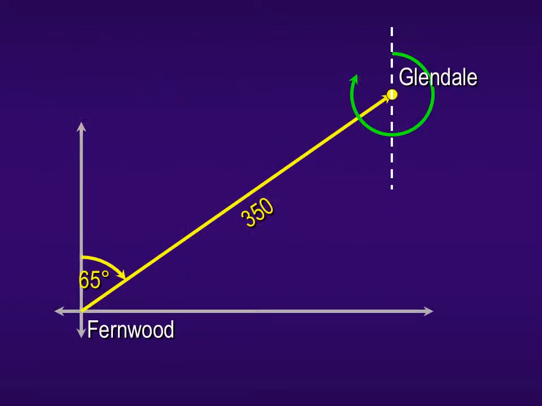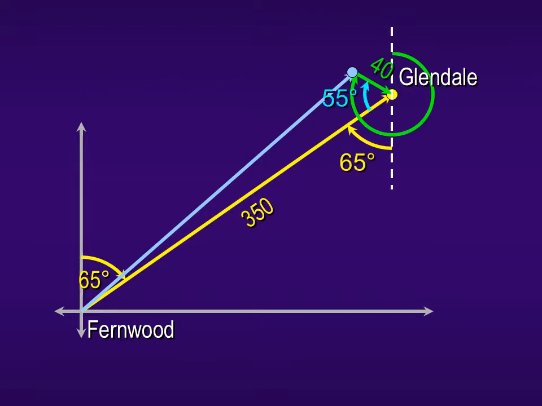So here's our 65 degrees, here's Fernwood, and here's Glendale. And we want to go 350 miles per hour. However, we have a wind of 300.